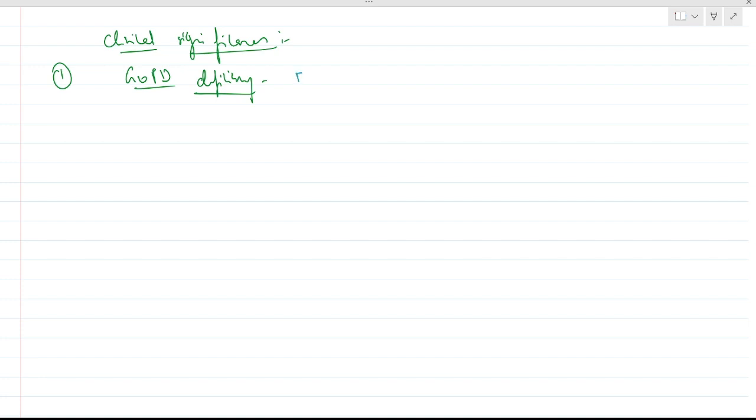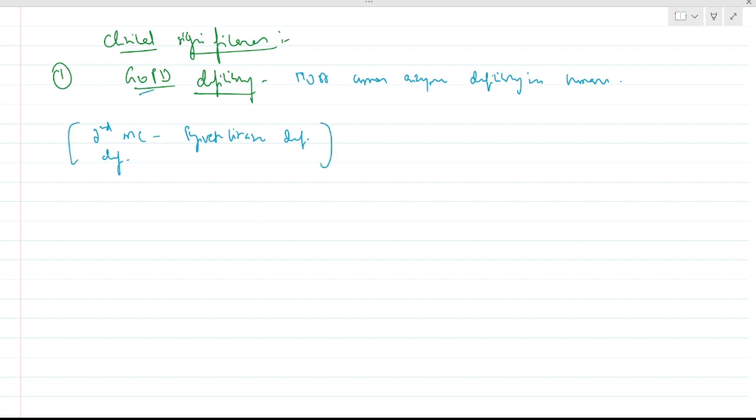This is the most common enzyme deficiency in humans. What is the second most common enzyme deficiency? We have read in glycolysis. Yes, pyruvate kinase deficiency. The most common, number 1, is G6PD.